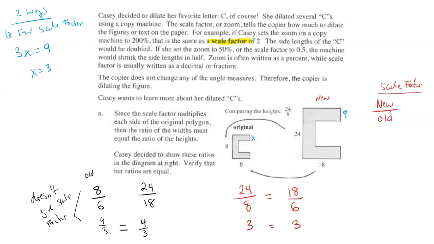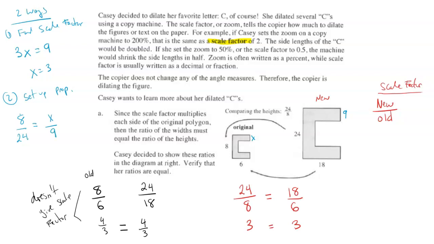That's one way. The second way is to set up a proportion. It doesn't matter which goes on which. I can go 8 over 24, perfectly fine, but if I start with my original one, that means x goes over 9.